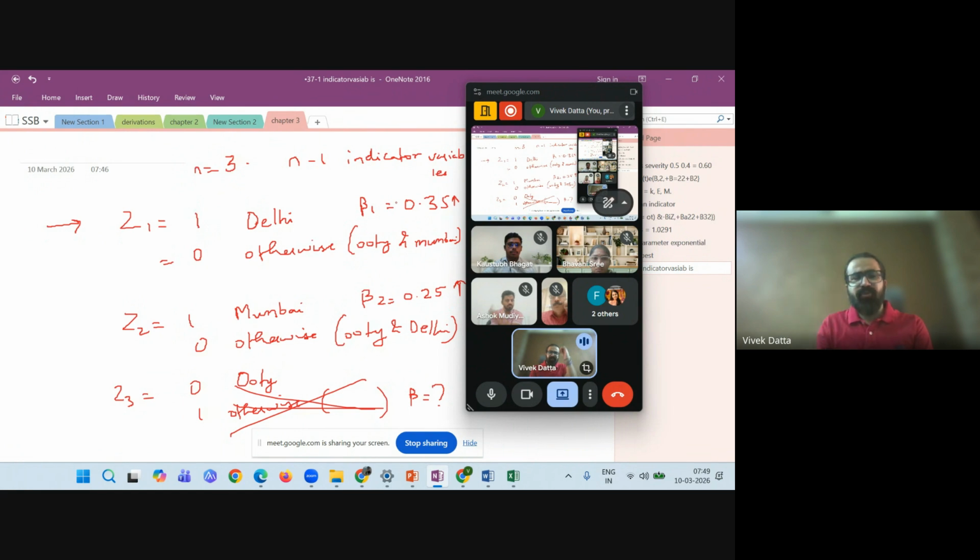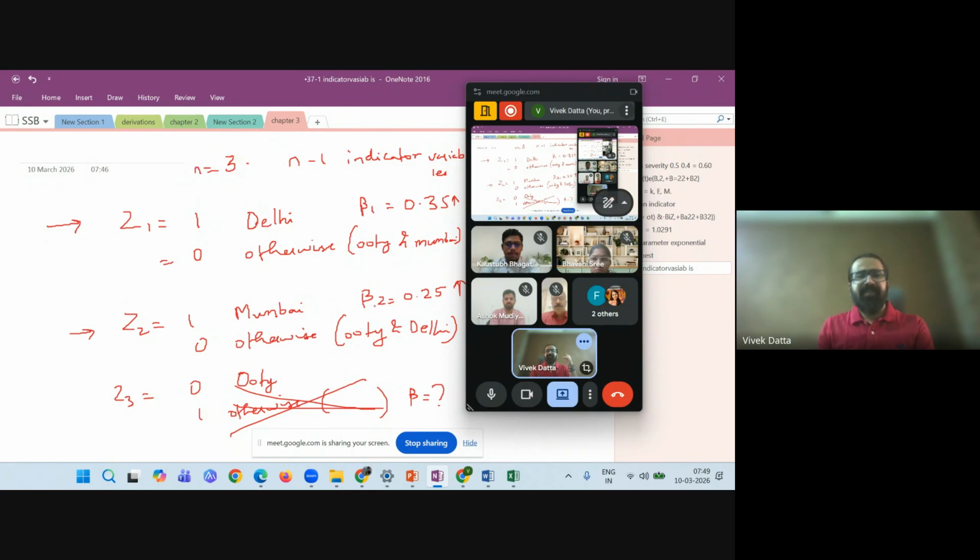Okay. It will go to my Z2. I need to be Ooty here also. I am 0. What is 0 into beta 2? 0. Yes. So both the places it has had 0 impact, which is what I wanted. Yes, I wanted Ooty to have 0 impact because it's the best. Anyone disagrees?